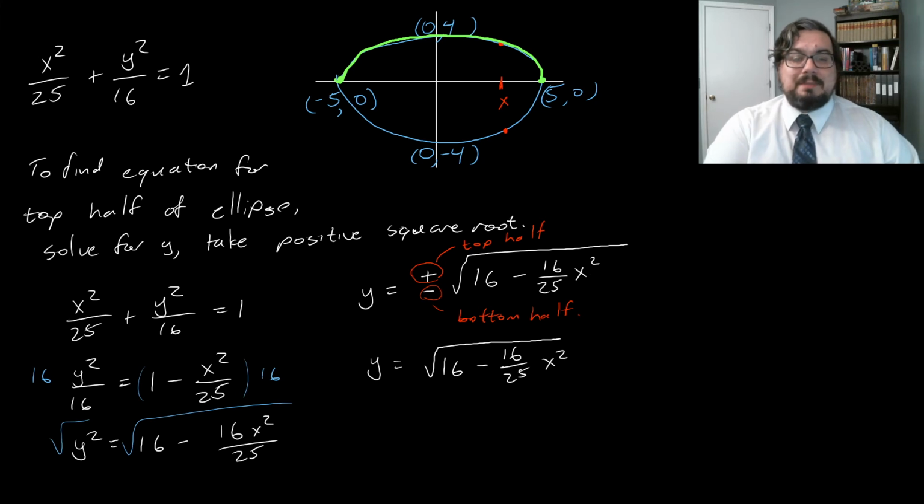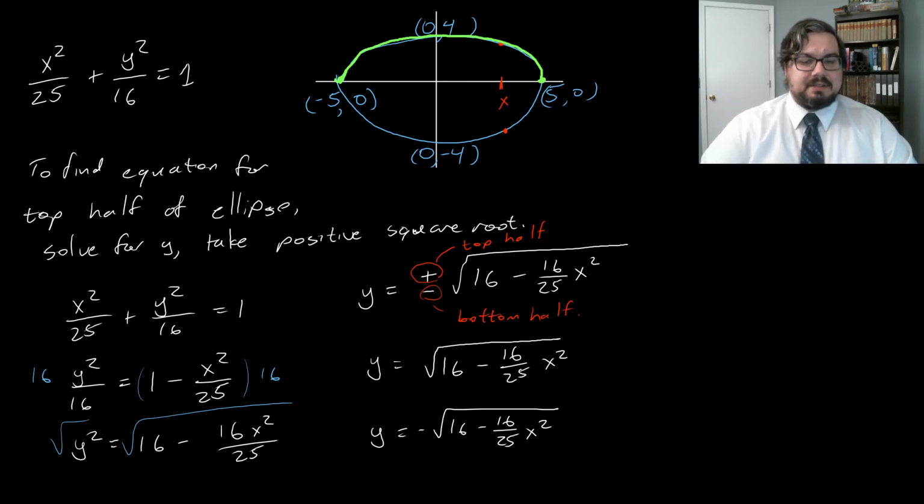If we wanted the bottom half of the ellipse, then we would go through the same process, but we would take the negative square root. So if we take y equals negative the square root of 16 minus 16 over 25 x squared, this gives us the bottom half.